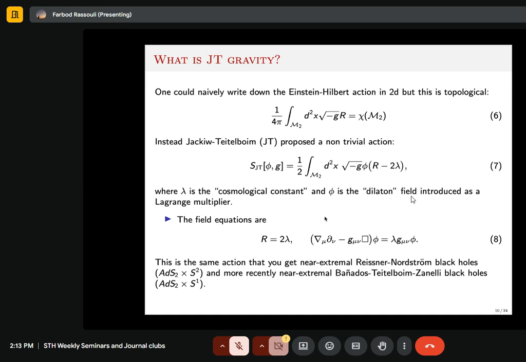However, the most important bit is that this is not a vacuum cosmological constant. So in JT gravity you get these 2 distinctions, a vacuum cosmological constant and the cosmological constant λ. It gives you the field equation in equation 8 that is non-trivial, instead of the Einstein-Hilbert one of equation 6.